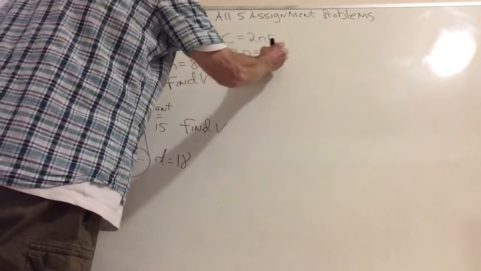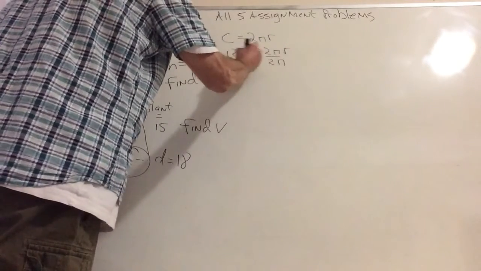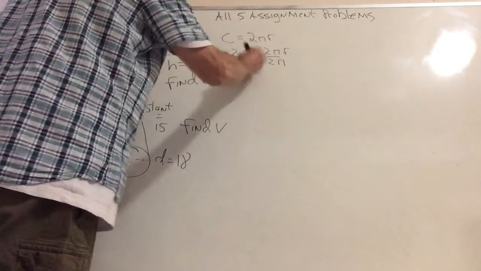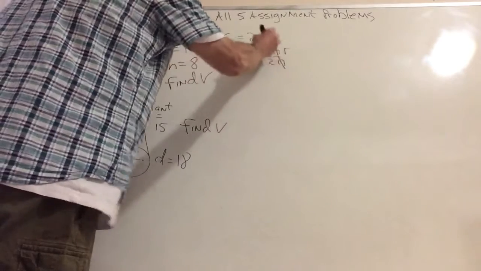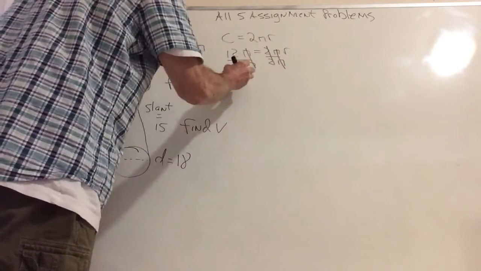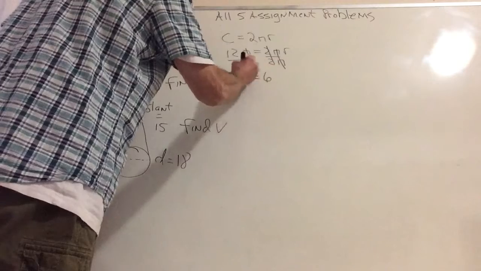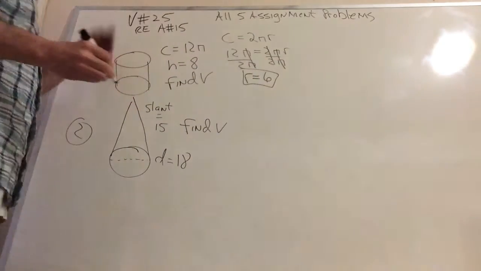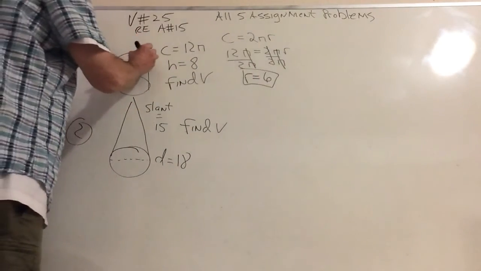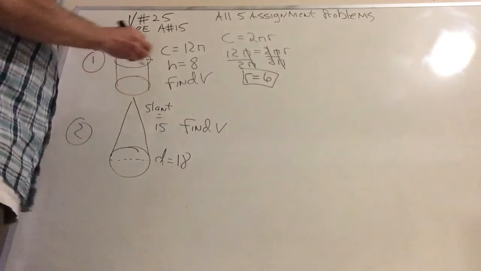And when I divide both sides by 2 pi, again, pi always canceling, 12 divided by 2 is 6, so that r equals 6. So with that, you're easily able to do the problem. If you like, you can just fill in 6 here.